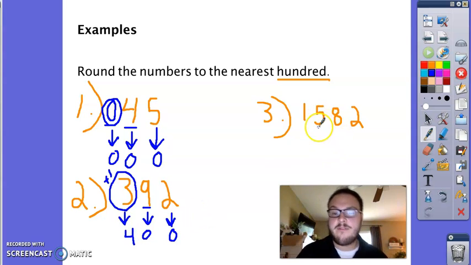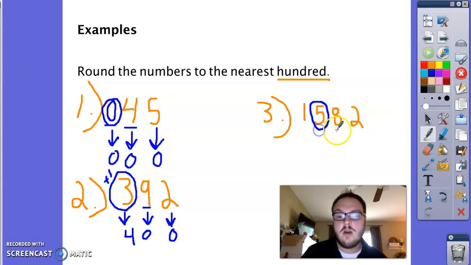And over here we have a 4-digit number. So again, find the hundreds place, circle the hundreds place, and underline the place value to the right of it, which is our tens. Anything before the underline gets zeroed out.